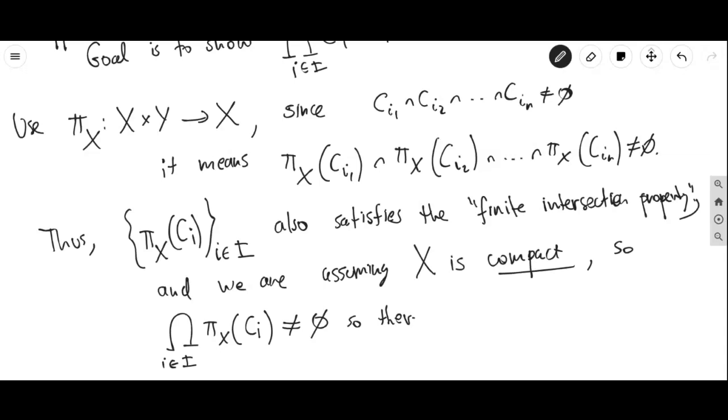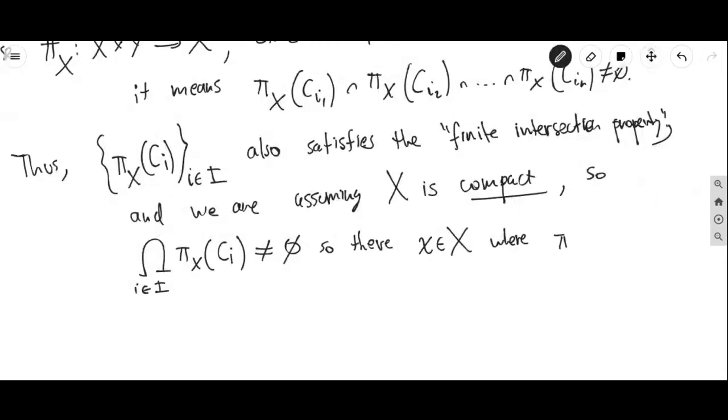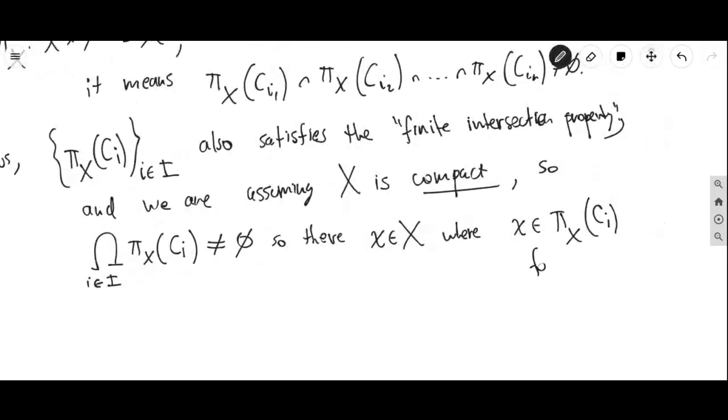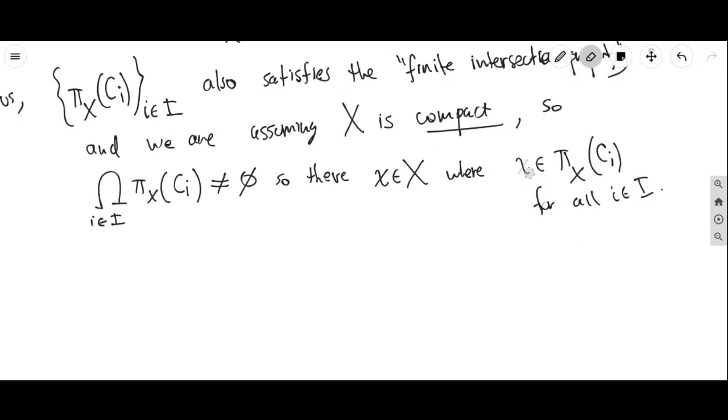So there is a point, let's call it x in the set X, where x is an element of pi_X(C_i) for all i in I.